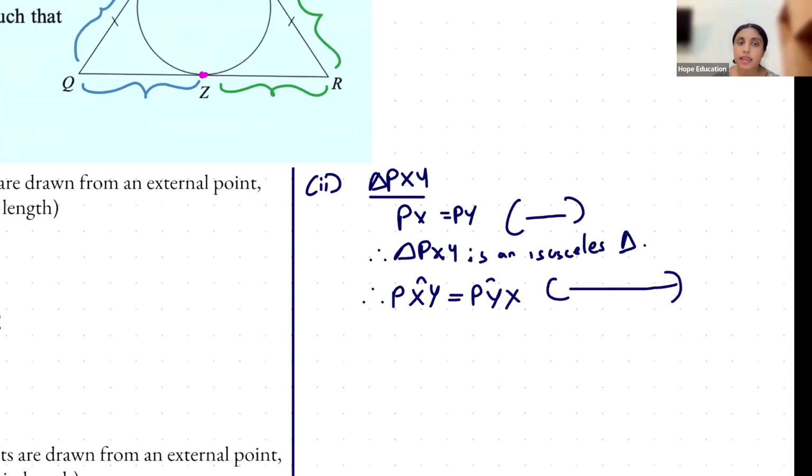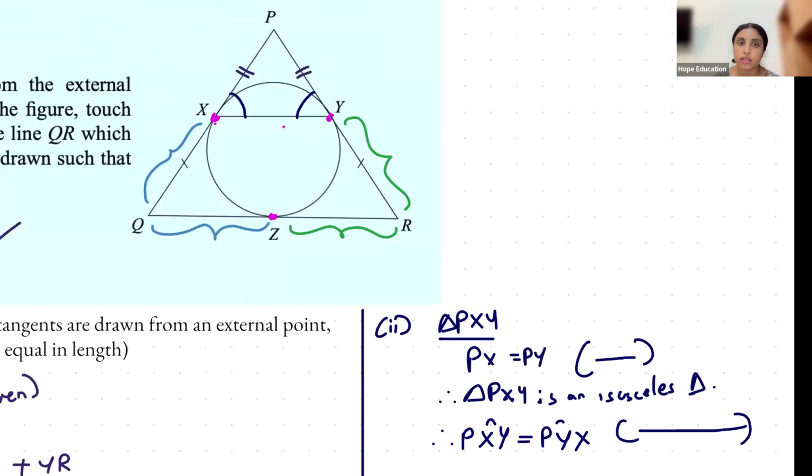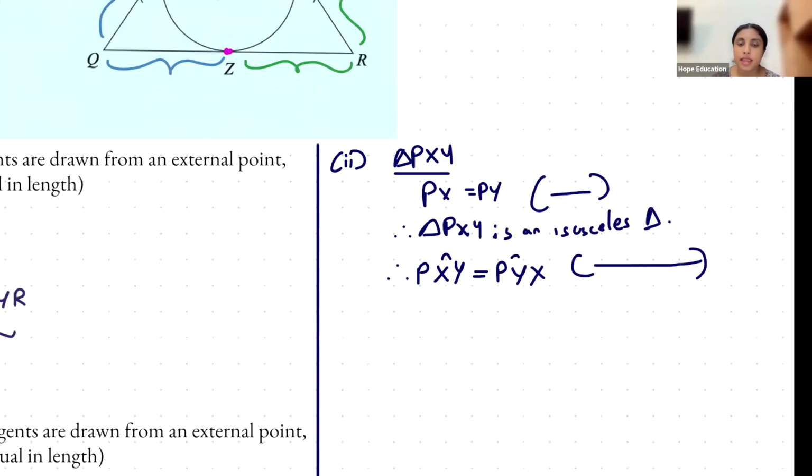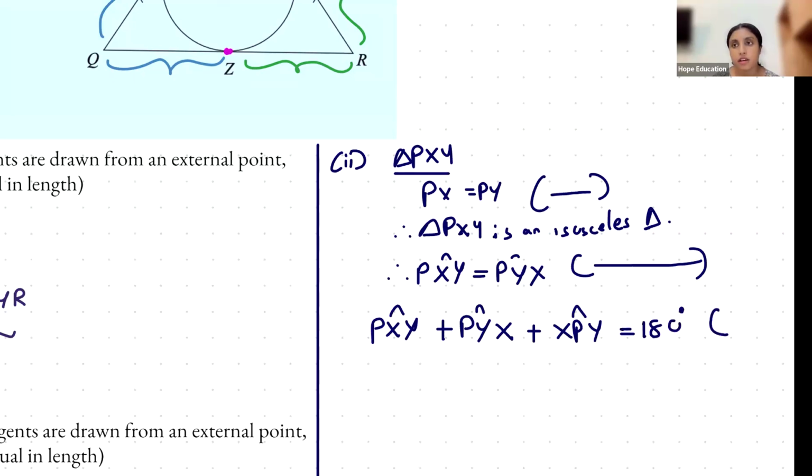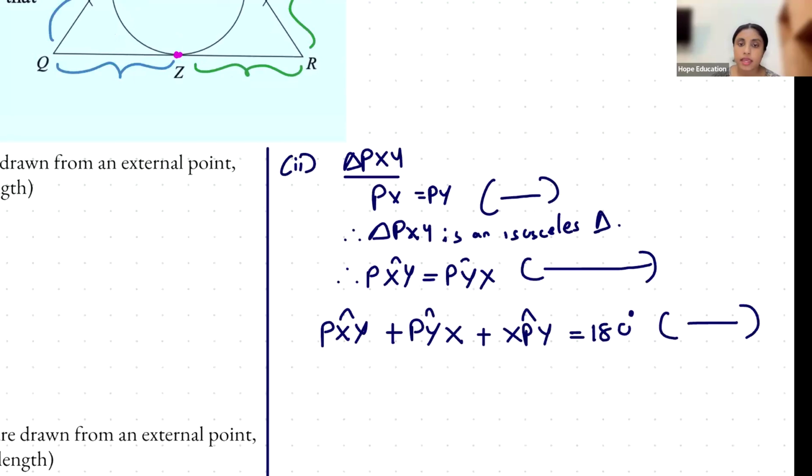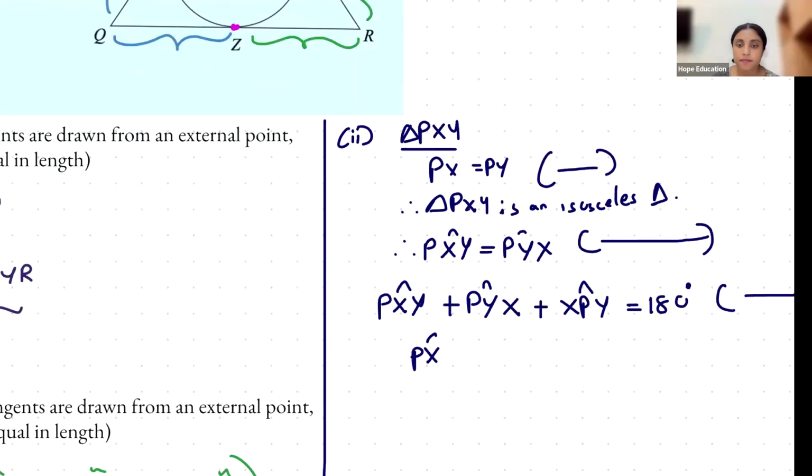Then if I add all the angles in this triangle, PXY plus PYX plus XPY is equal to 180, interior angles of a triangle. Then PXY and PYX anyway is equal. There's a shorter way to show this, but I will first do the longer method so that you understand all the steps.